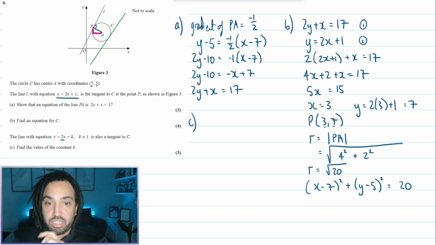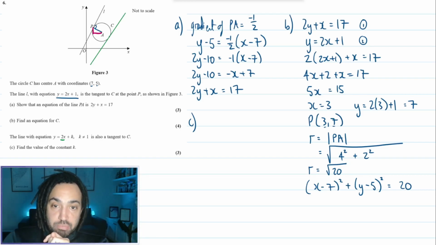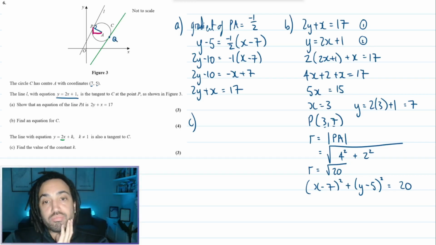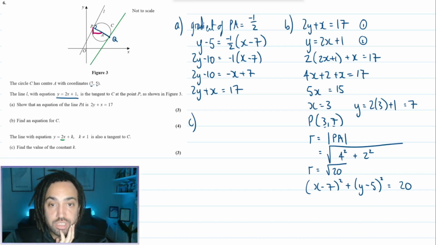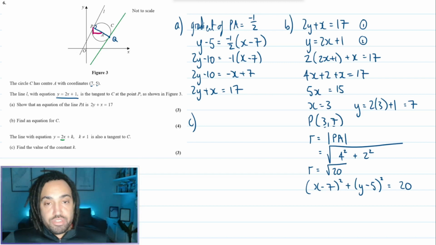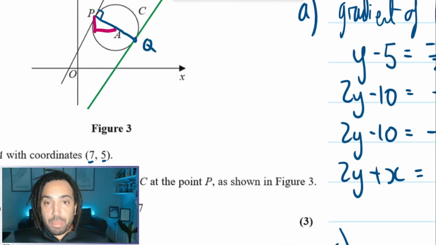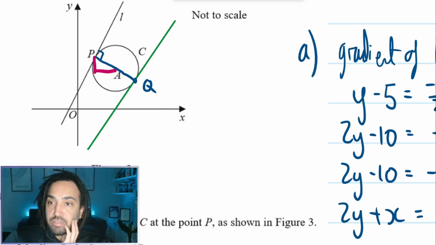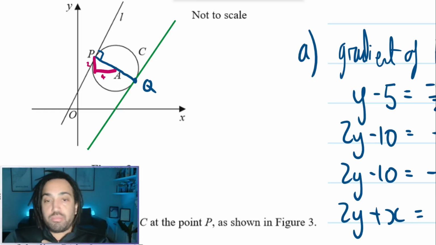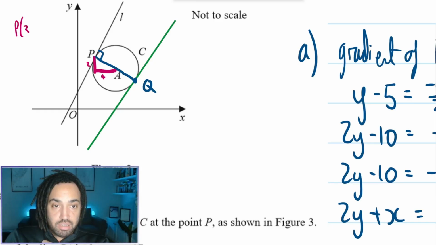What we could do is use a stepping stone method in order to get this point here, which we need. Let's call this point Q. So if I draw this diameter across like that, and I'm going to zoom in just so it's really clear to see what we're doing. We said that the change in the x coordinates was 4, and the change in the y coordinates was 2, because P was the point (3, 7) and A, the centre, was the point (7, 5).